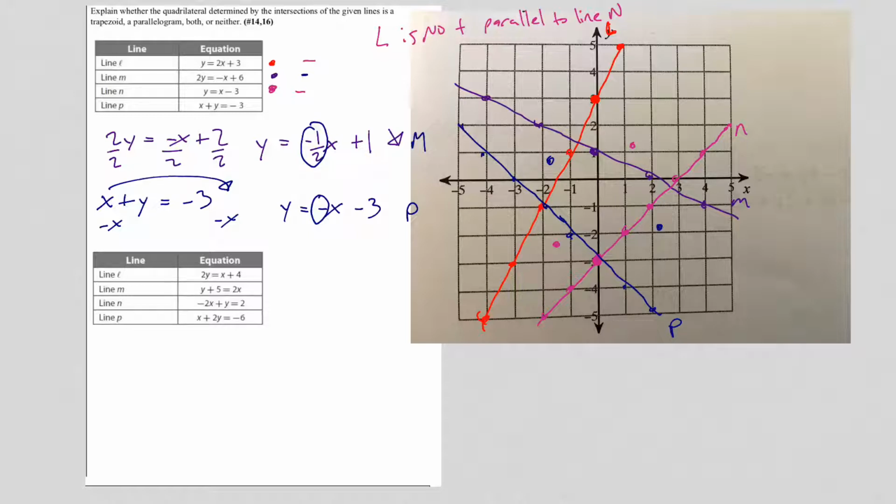No. So M is not parallel to P. And so the answer to the question, is this a trapezoid or a parallelogram, both or neither? This would be neither, because you don't have at least one pair of lines that are parallel. And that's essentially the solution.